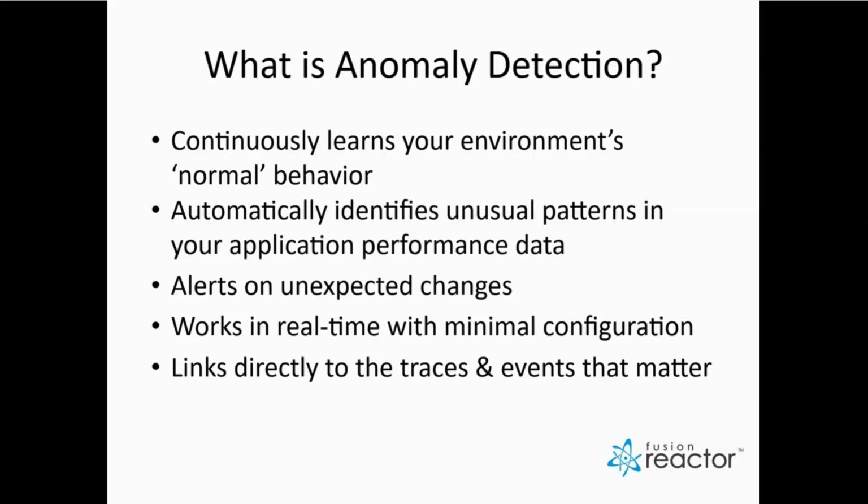Now, it could be that you have applied a new fix, or you've created a new service, whatever it may be, but it's saying there is a change I didn't expect. So you can then choose to look at that and do what you need to do with it. It works in real time. It is looking at the environment as it is now, and it has direct links into logging, tracing, and events, the ones that actually matter with regards to whatever anomaly it sees.